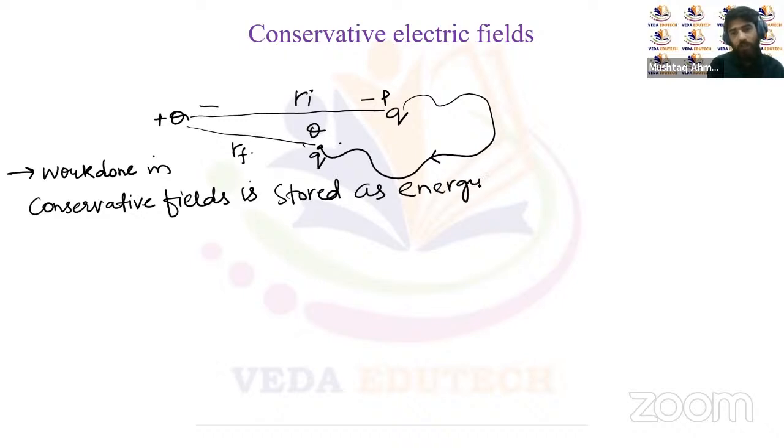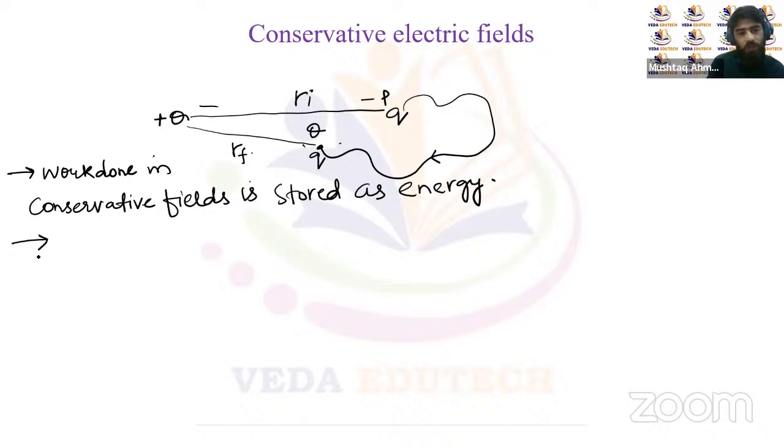That's one of the important aspects of conservative fields, be it gravitational potential energy, spring potential energy, or electrostatic potential energy. These energies are only possible when the fields are conservative in nature. By conservative fields, we mean that the work done in that field is independent of the path, correct?